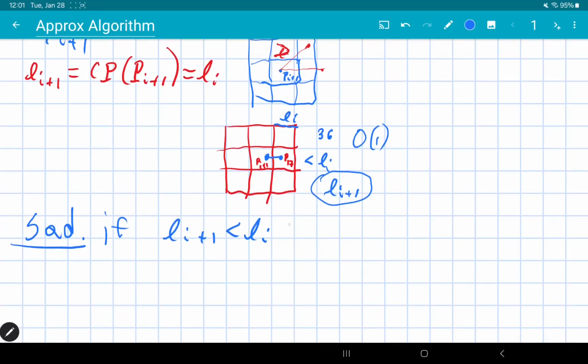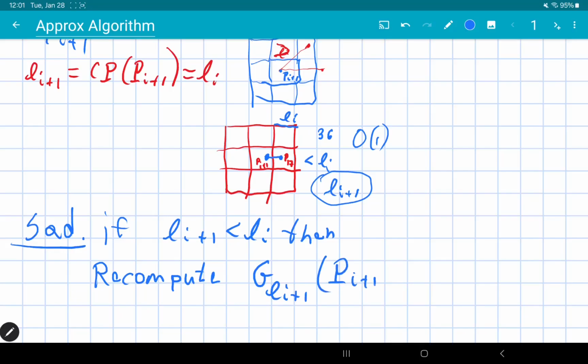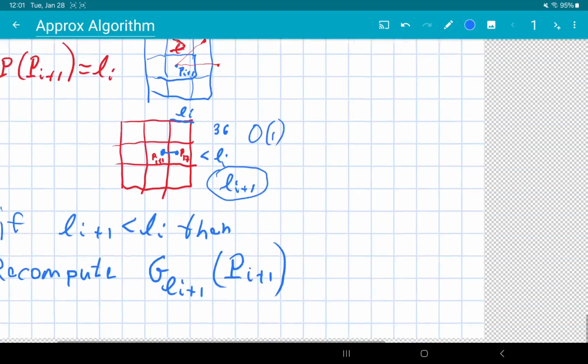And then what do we do? We recompute the grid, right? But now we are computing it in the new size, Li plus 1. So I take all the first i plus 1 points and reinsert them into this new grid.